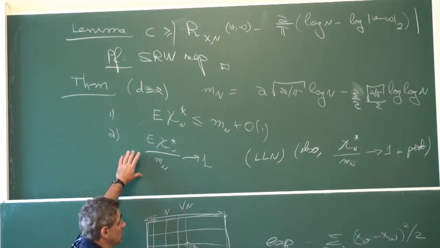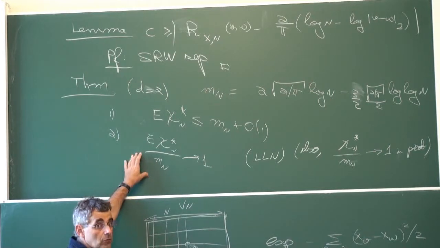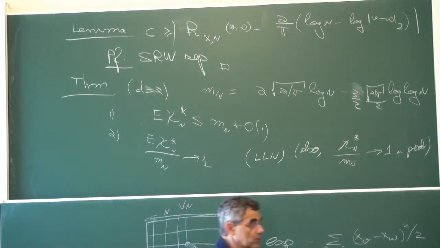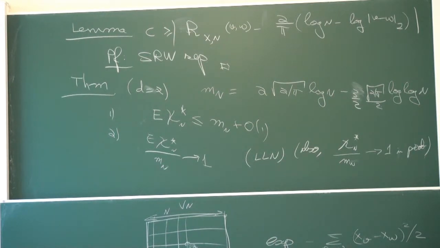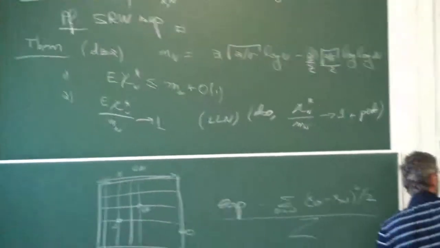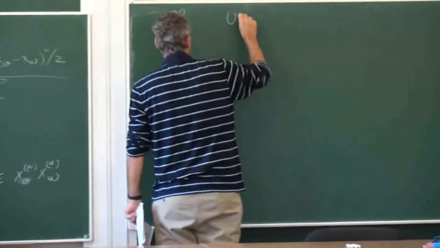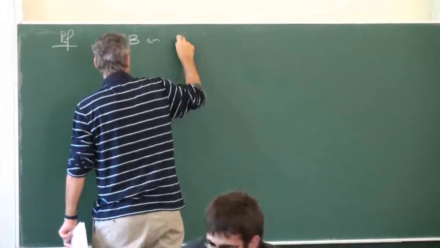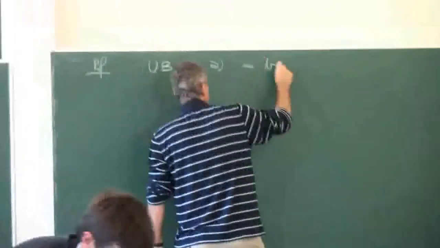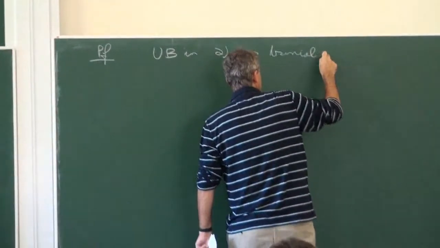So it will turn out, if we just wanted a law of large numbers and wanted first the upper bound, it is trivial, exactly like it was for branching random walk. So the upper bound in 2 is trivial. Just use the union bound.